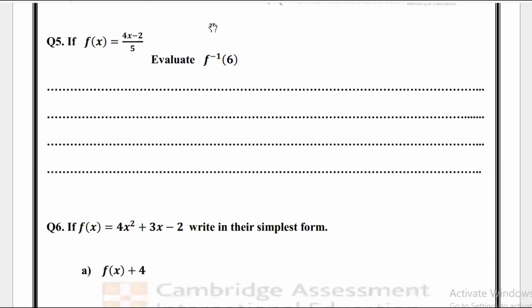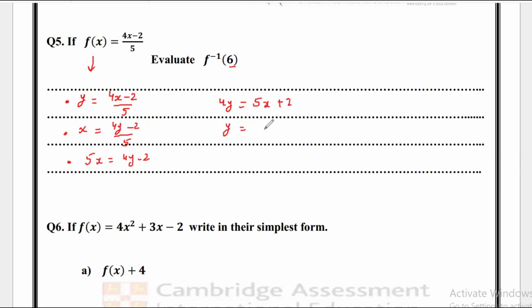Next one is inverse, and we have to check the inverse at 6. First of all, we find the inverse function of this, which is y equal to 4x minus 2 over 5. This is the first step. The second step, we change the places of x and y: x equals 4y minus 2 over 5. And third step, we make y the subject. So 5x is equal to 4y minus 2, and then 4y is equal to 5x plus 2.